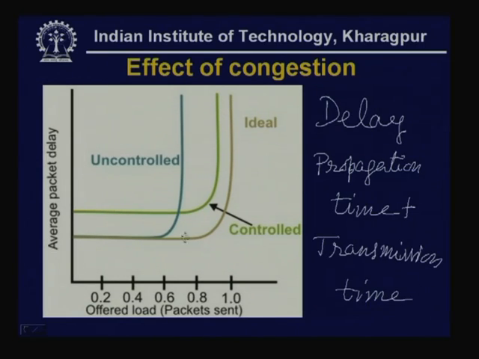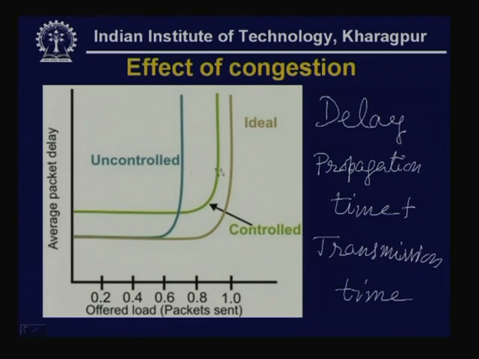However, whenever congestion occurs, whenever the traffic is more than the capacity of the network, then of course delay will increase, because packets will be buffered, and because of that delay will increase before, say, around 0.8 or so. Now, in the uncontrolled case, as you can see, delay can be very high compared to the ideal situation.